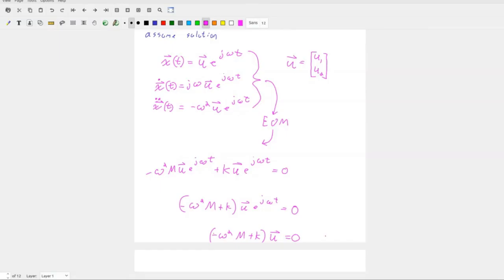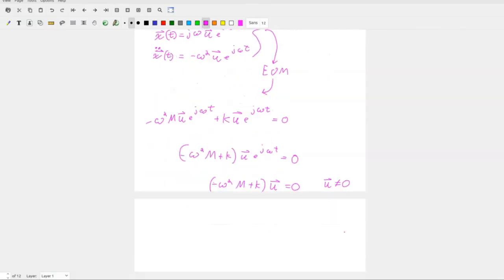But again, we're going to say that u vector is not equal to 0. You can't just say we applied one condition, next trivial solution. This forms a homogeneous set of algebraic equations, and to be useful, these equations have to have a non-zero solution for the system to exist.